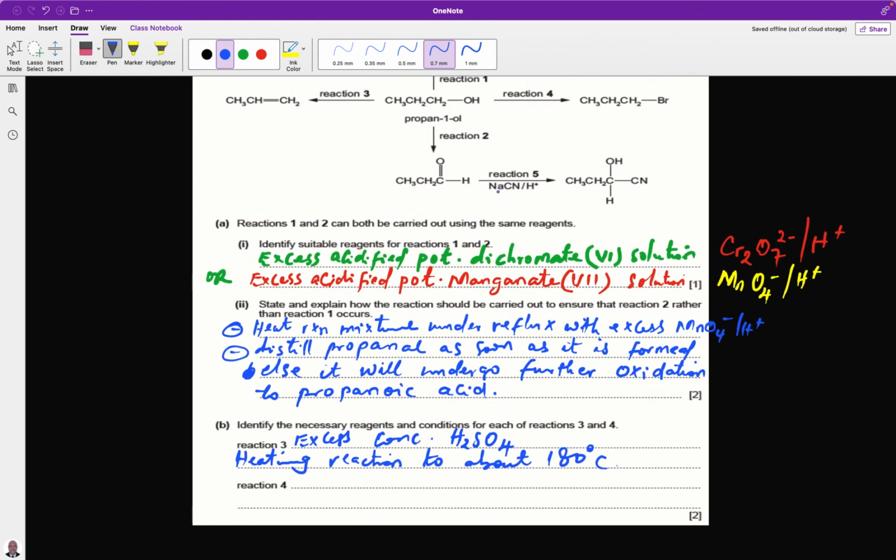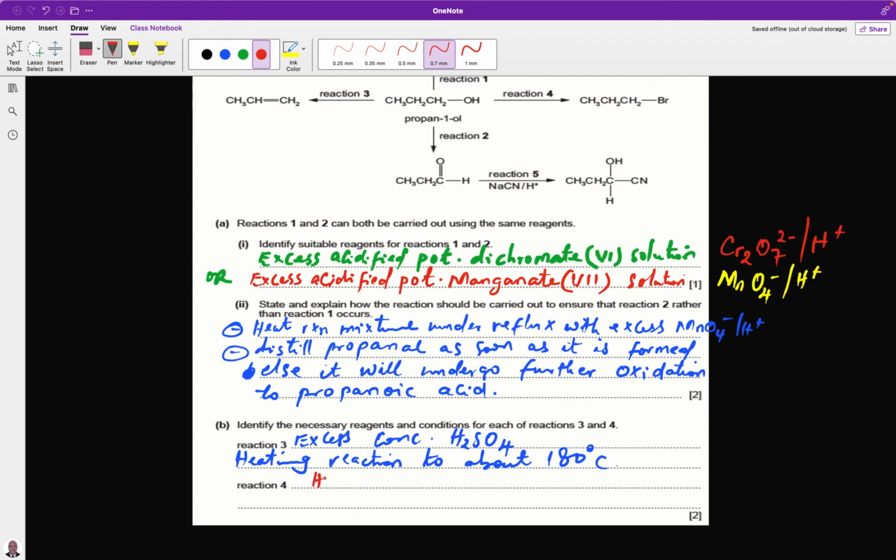We can produce a halogenoalkane by using a hydrogen halide. So it is a bromine here. Now, in that case, we can use hydrogen bromide as our reagent.